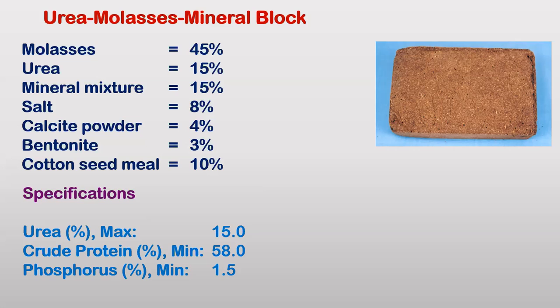We can take any one, cotton seed meal or wheat extra, that is 10%. And the specification is the urea should be maximum 15%, the crude protein of that UMMB is 58%, and phosphorus content is 1.5%. So this is the specification of that particular UMMB.